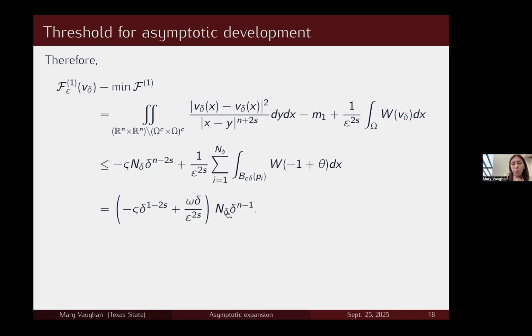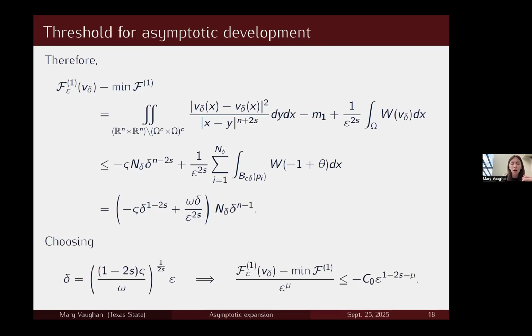And then you have the number of balls times delta to the n coming from the measure again. Pull out this universal factor and delta to the n minus 1. And the point is that we have control here because of this epsilon as well. So this behaves like 1 because N delta behaves like delta to the 1 minus n. That's the number of balls we get in our covering argument.